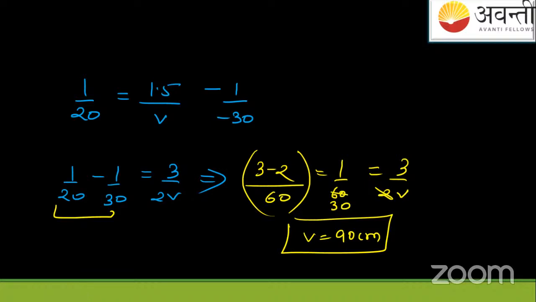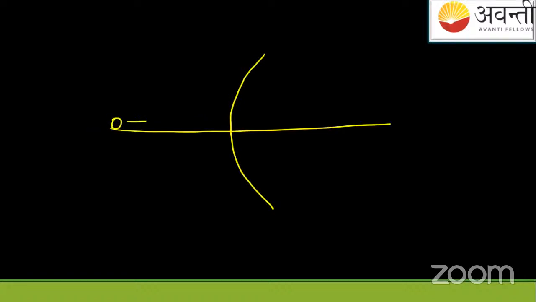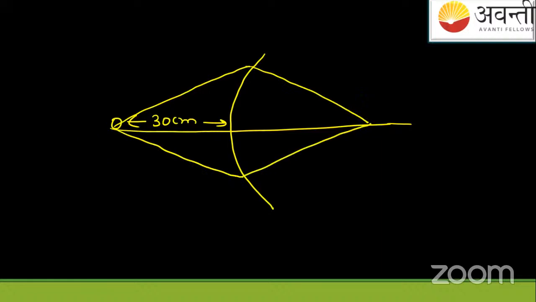So what's the conclusion? Let me show this on the next slide. Yes. Good, good. So the conclusion is this: if this is a refracting surface like this, and the object is present at a 30 centimeter distance from the center, the image after refraction due to this refracting surface will be forming somewhat like this, and the image distance will be 90 centimeters.